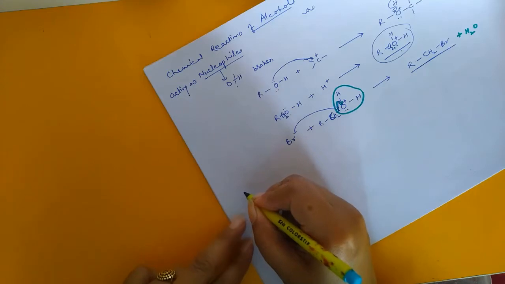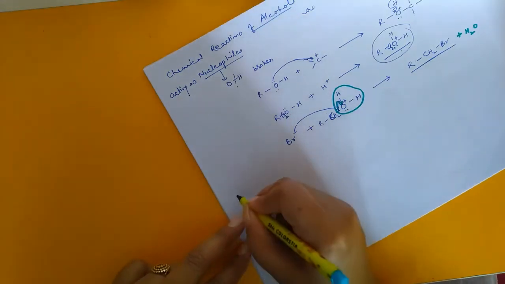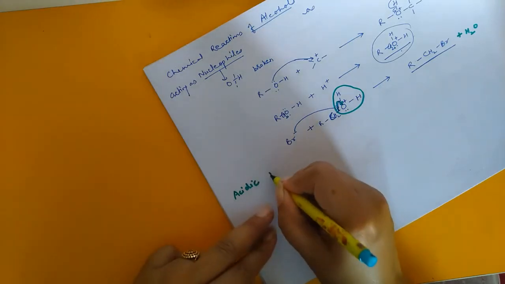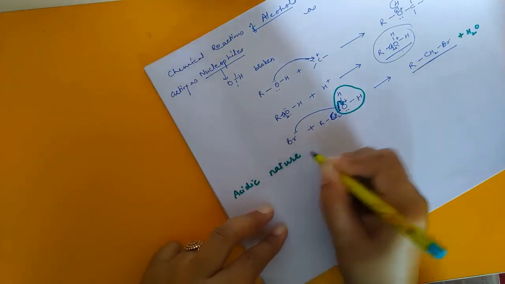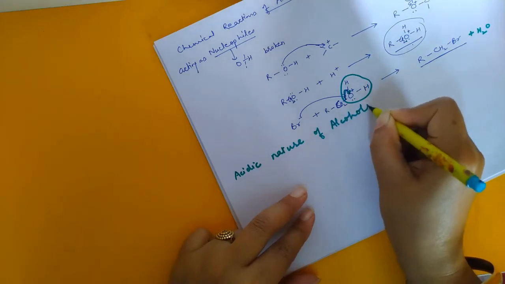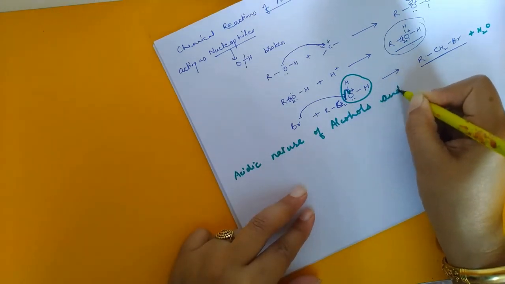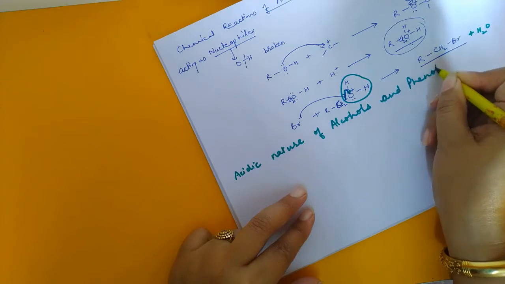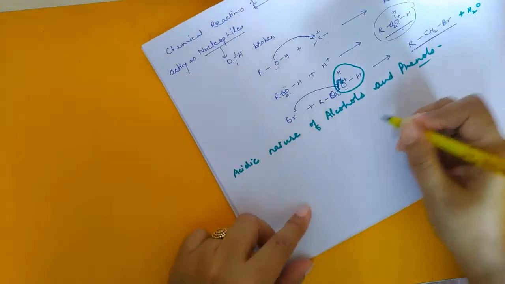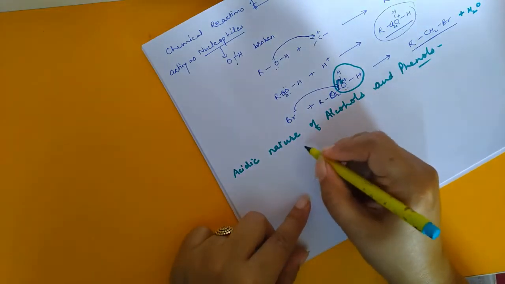Now we are doing a very important property, that is the acidic nature of alcohols and phenols. We know it very well, we studied in the junior classes also, that any acid will react with a metal to liberate hydrogen gas.